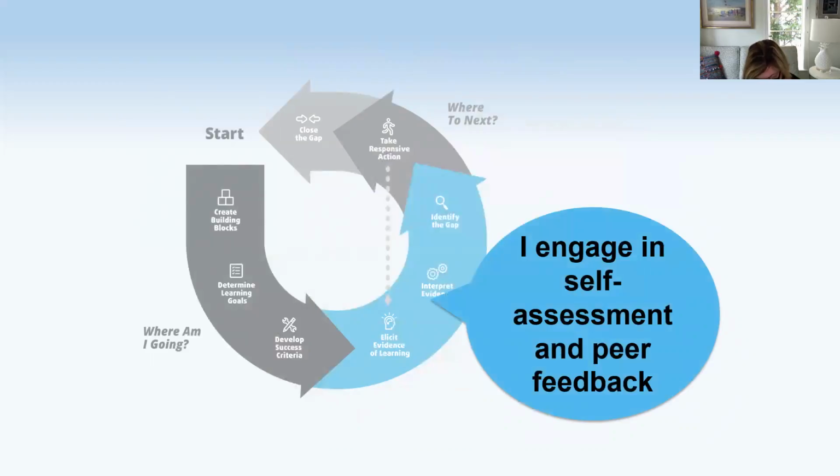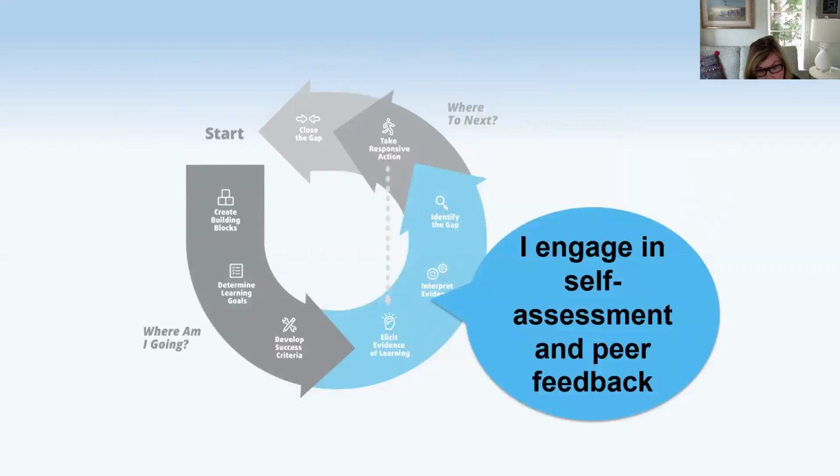Now, there isn't time in this webinar to talk in detail about how students need to be supported to do this, but these skills need to be taught, and the good news is they can be taught, and they need to be monitored and nurtured all the way through a student's schooling.